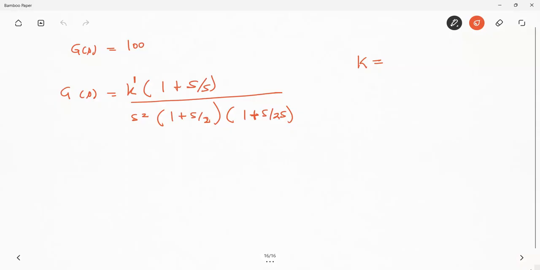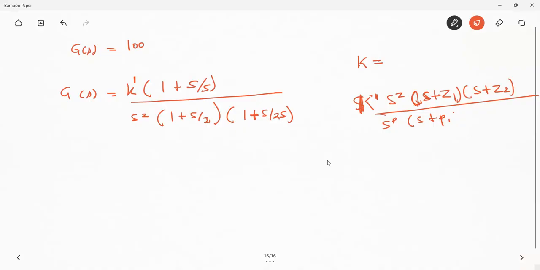The normal transfer function is: k dash into (s plus z1)(s plus z2), divided by s (s plus p1)(s plus p2), the same form.